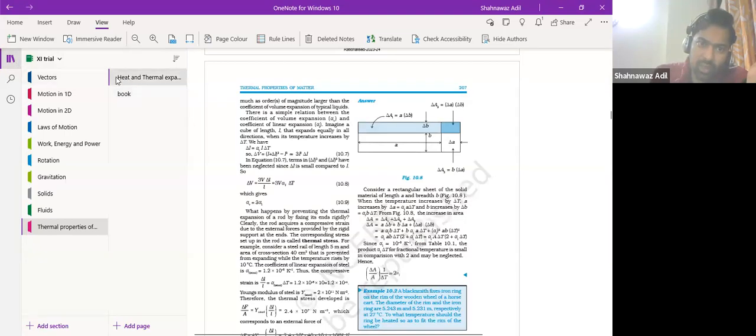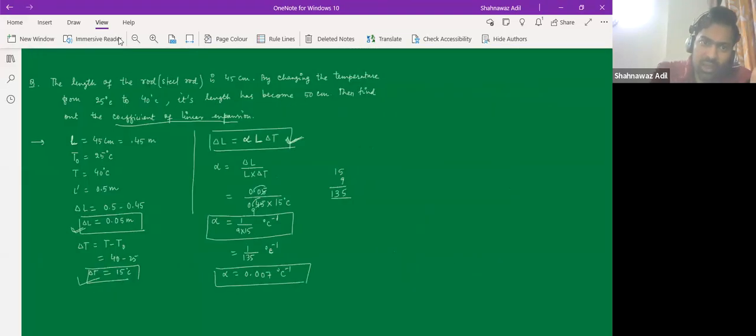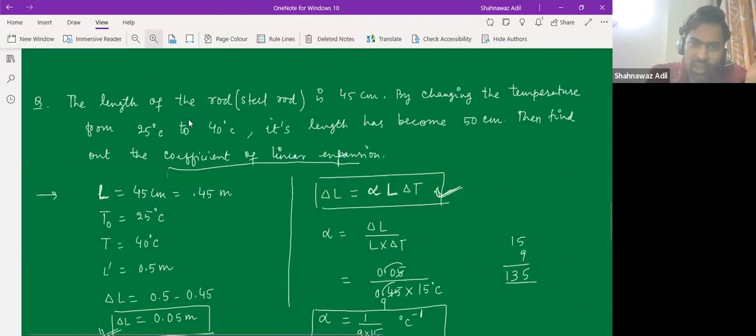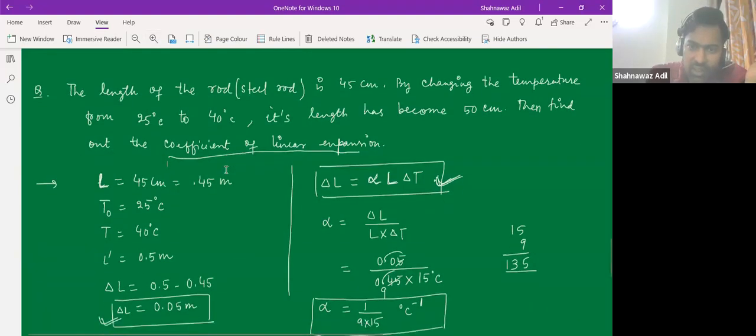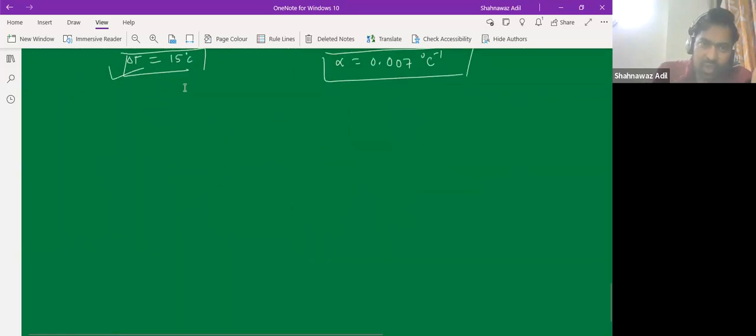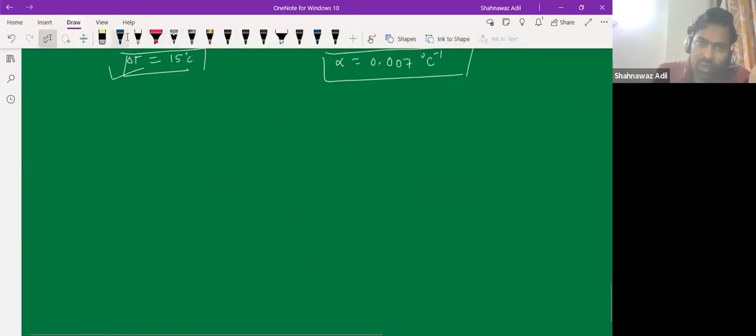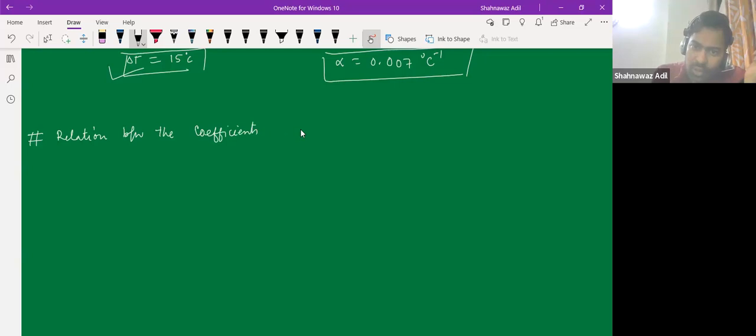But before we do that, let us talk about alpha, beta, and gamma. We know that now, right? The other topic is the relation between coefficients of expansion.